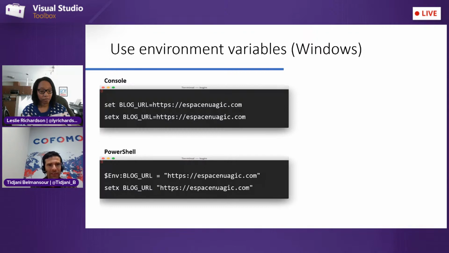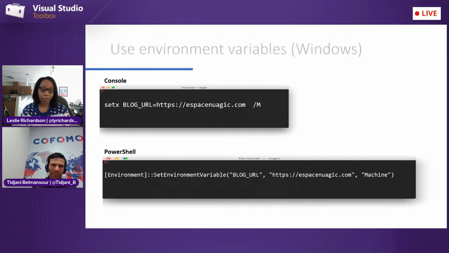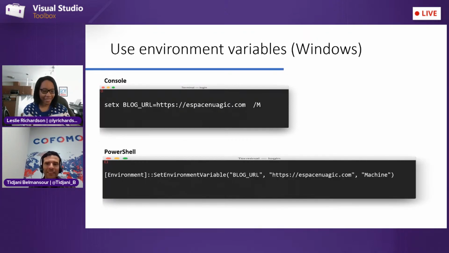So if Leslie, you and I are working on the same machine, and you define this environment variable using the setx command, and I later log into the same machine with my user account, I won't be seeing that environment variable because it's specific to you, to your user account. Does that make sense? Yeah, it makes sense. So this is good if you have multiple machines set up, but the same user profile.